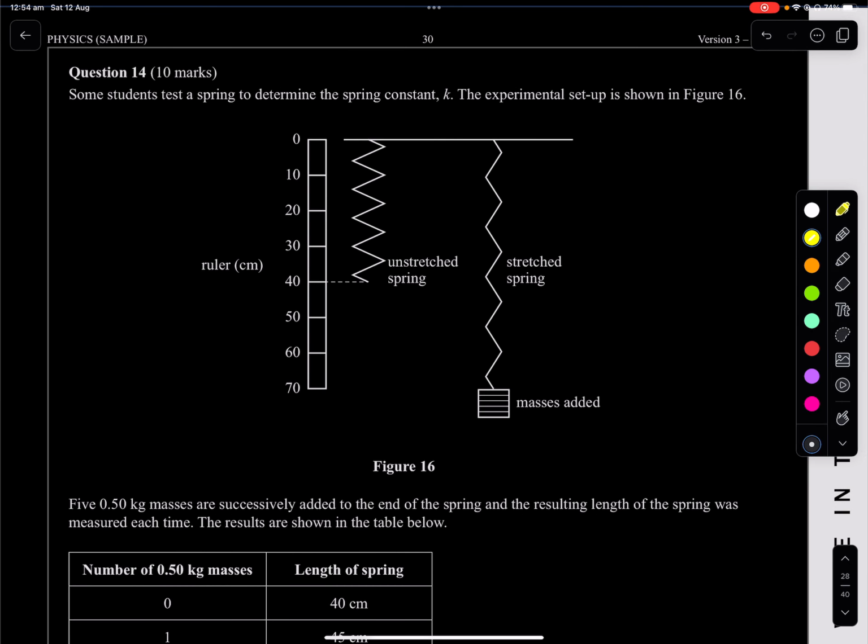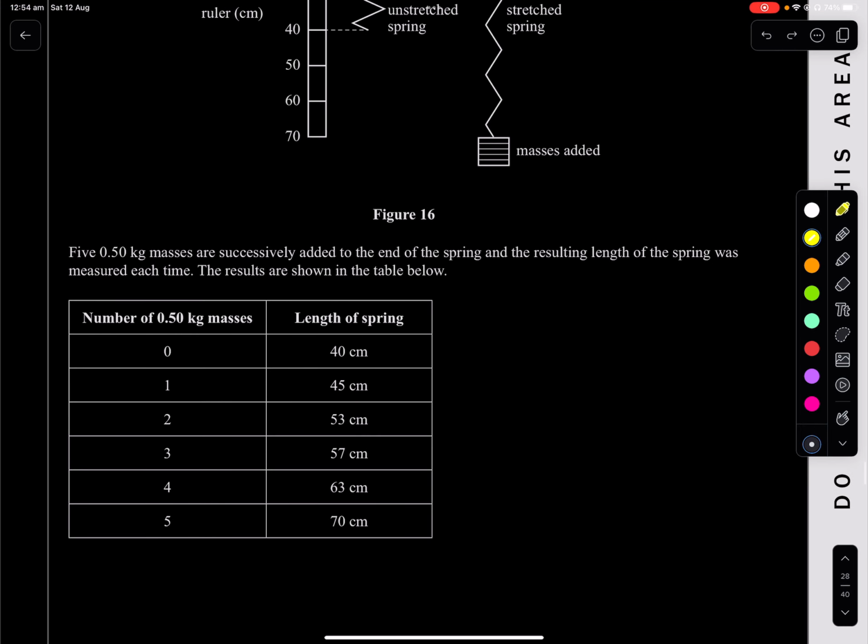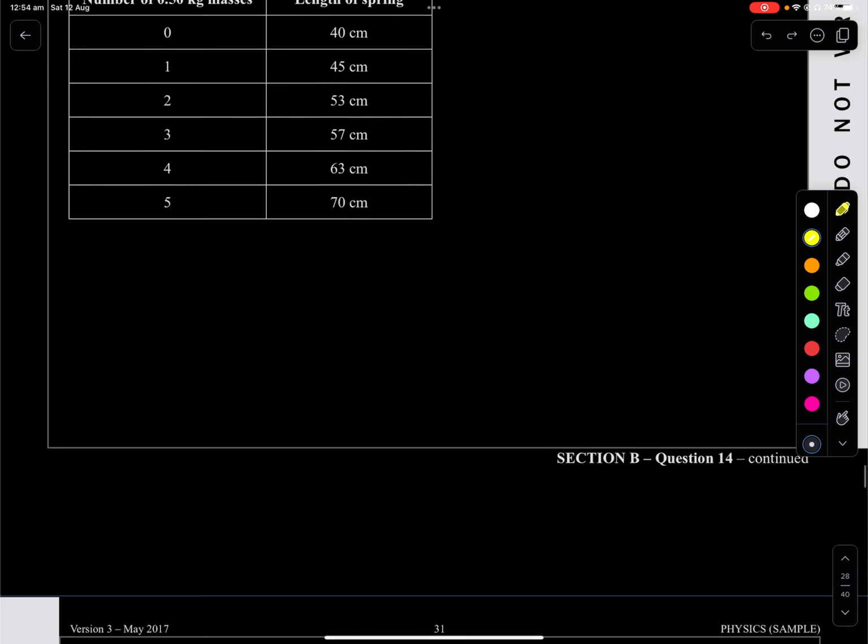Some students test a spring to determine the spring constant k. The experimental setup is shown in figure 16. There's an unstretched spring, and they add some masses. 0.5 kilogram masses are successively added to the end of the spring, and the resulting length of the spring was measured each time. The results are shown in the table below.